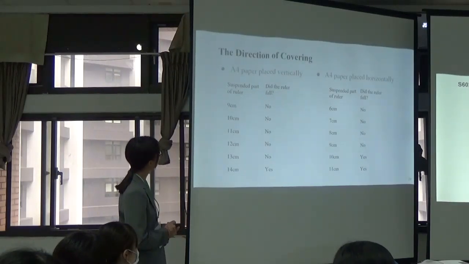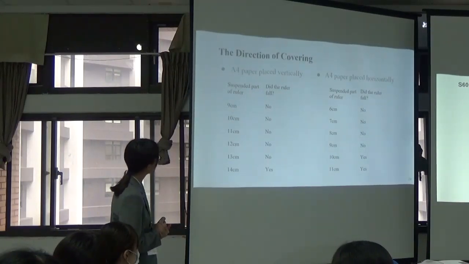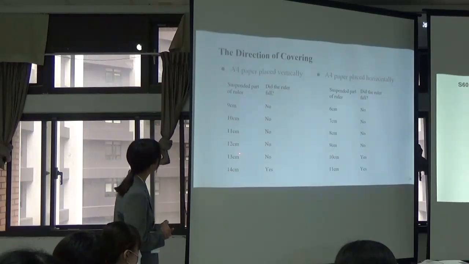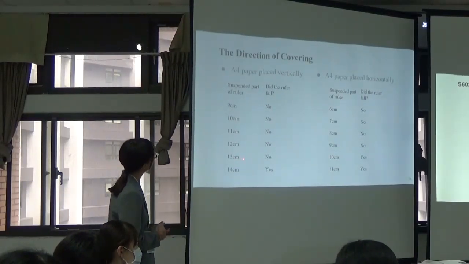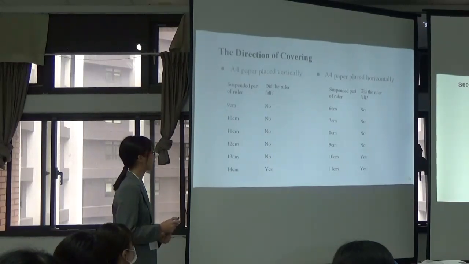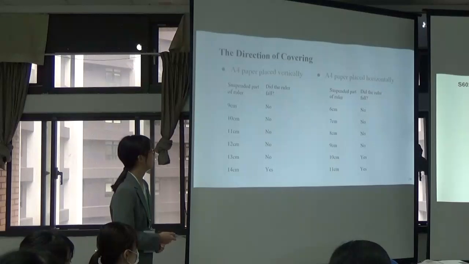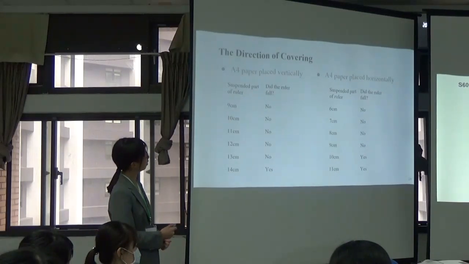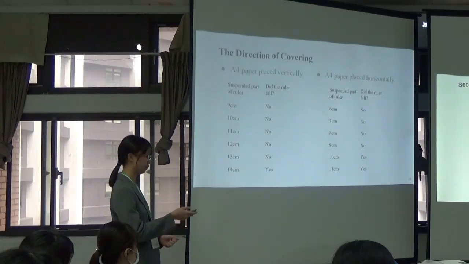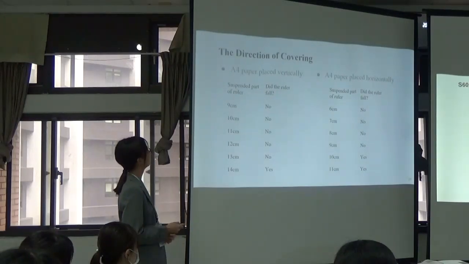We can see that when the suspended part of the ruler is 13 centimeters, the ruler covered with A4 paper placed vertically didn't fall off, but the ruler covered with A4 paper placed horizontally already falls off at over 10 centimeters.